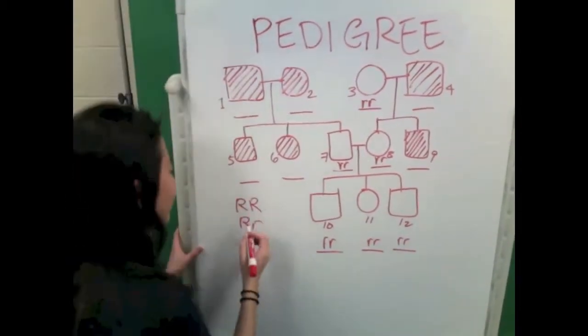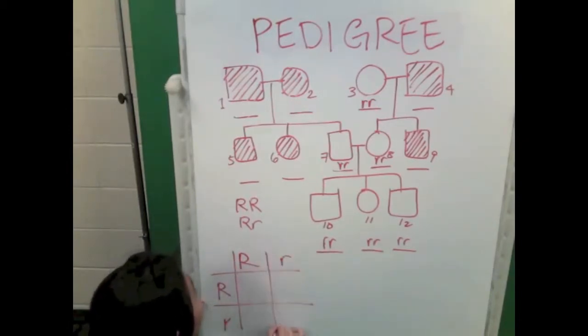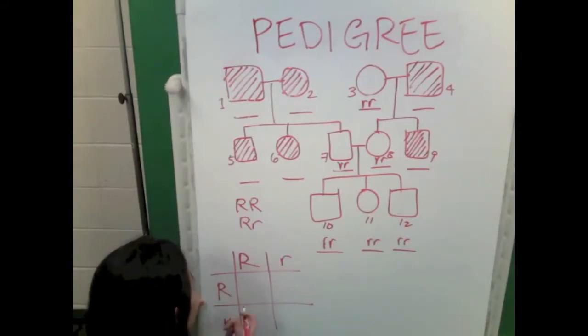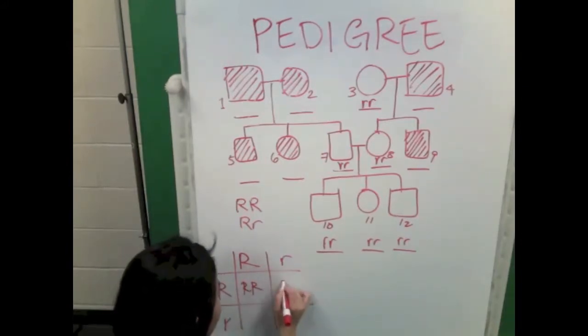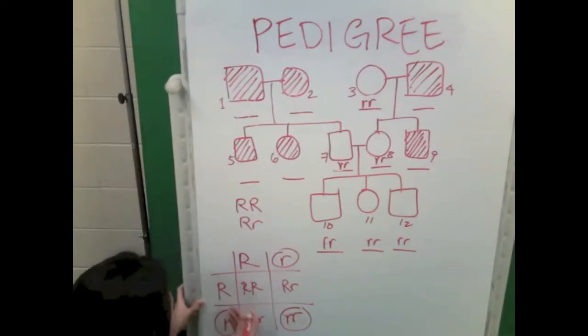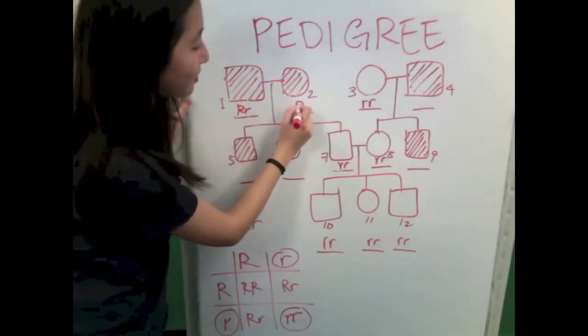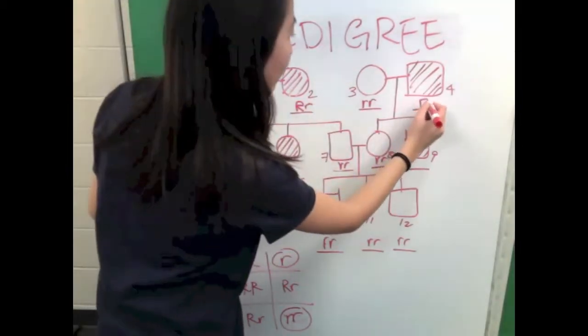So let's make a Punnett square of our generic cross, heterozygous cross heterozygous. This leads to the 1:2:1 ratio that we are so familiar with. Looking at this, we can see that any parents that have a homozygous recessive child must be carriers.